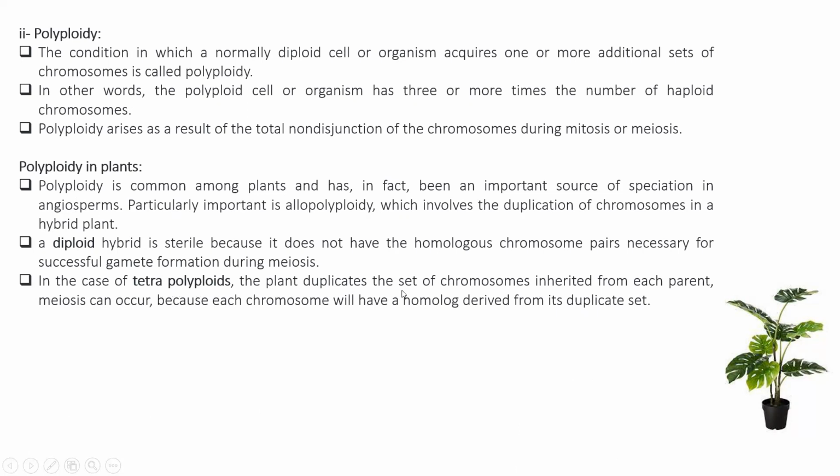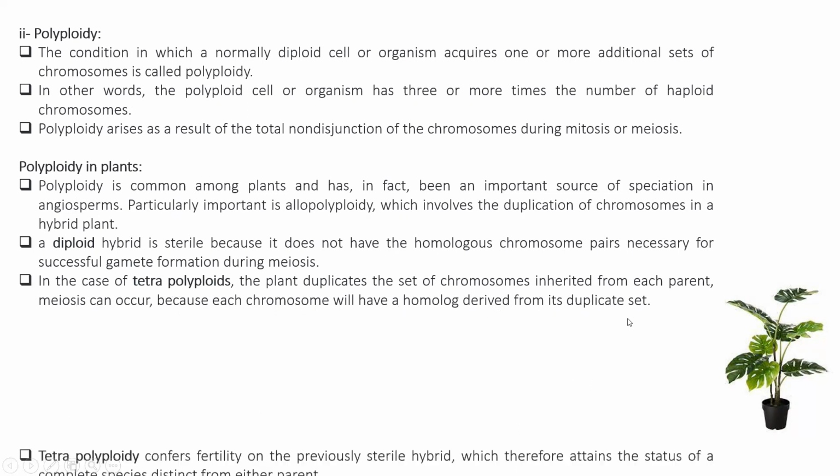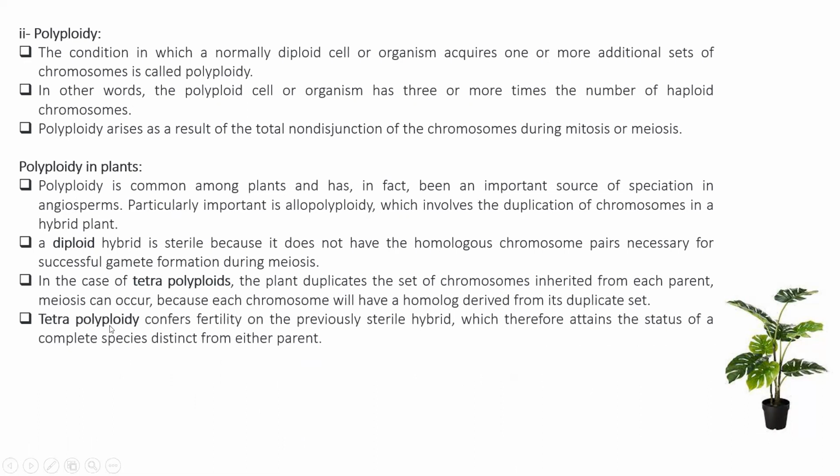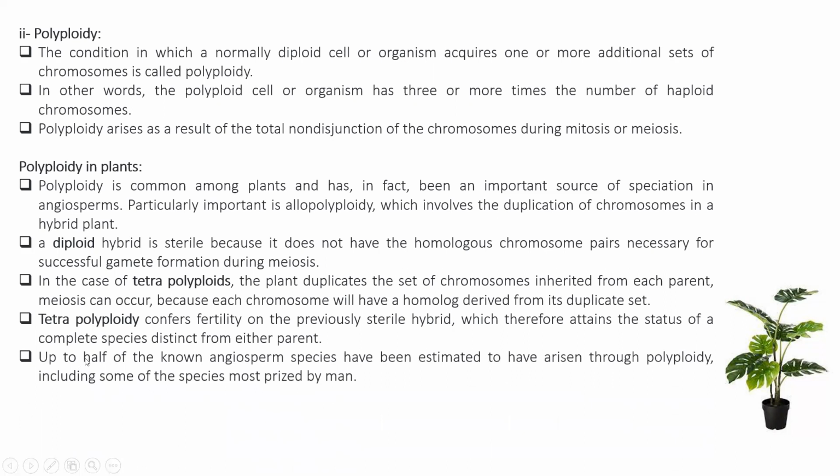The plant duplicates the set of chromosomes inherited from each parent. Meiosis can occur because each chromosome will have a homologous derivative from its duplicate set. And the tetraploidy confers fertility on the previously sterile hybrid, which therefore attains the status of a complete species distinct from either parent, and up to half of the known angiosperm species have been estimated to have arisen through polyploidy, including some of the species most prized by men.